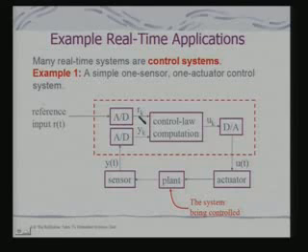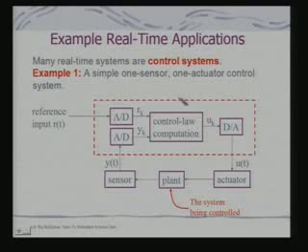This is a reference input, and this is the output of the plant which you are trying to control. So you have these two inputs for the control law block which implements a control algorithm. It would produce the control output which would activate the actuator for controlling the system. This is a very simple generic control system model.